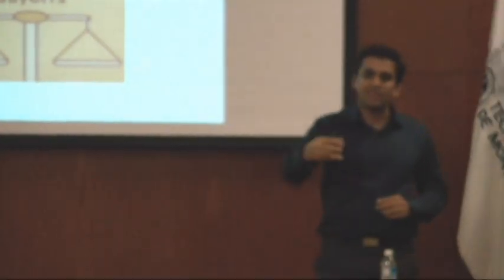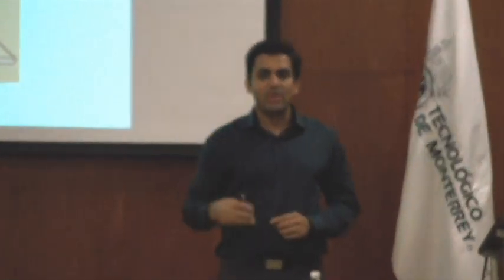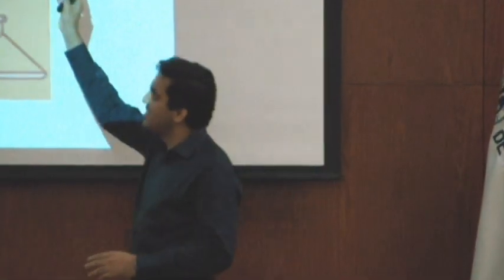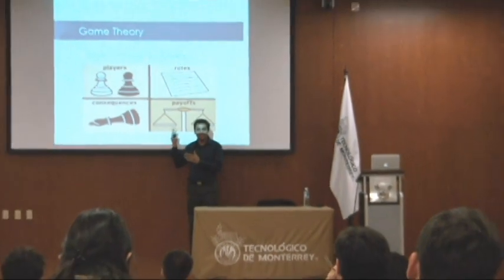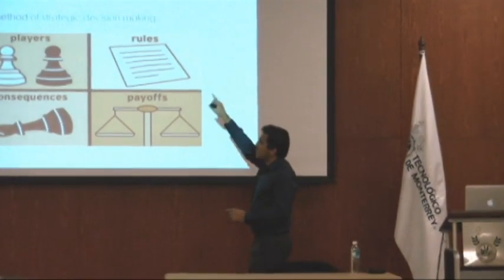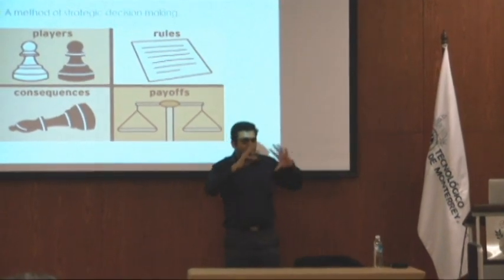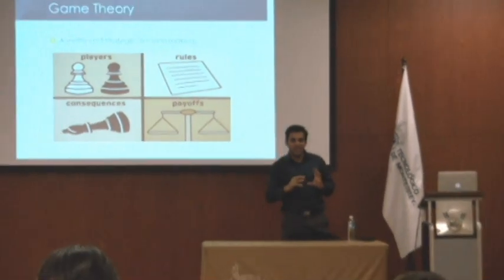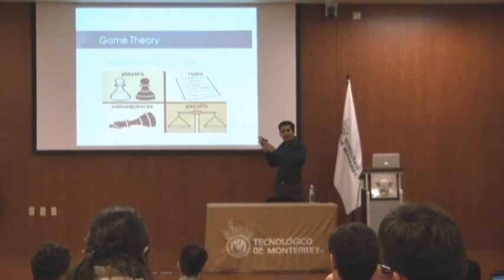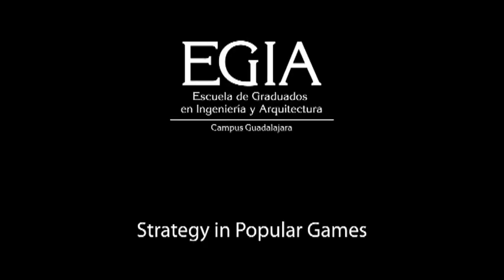So if you kill the king of the other player, then you get $1 million. Chess players win millions of dollars by winning a chess game. Anyway, that's the formal definition of a game that we'll be using. There are players, there are rules, there are consequences, and then there are payoffs. Okay?